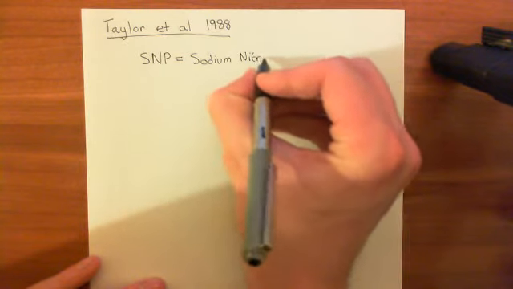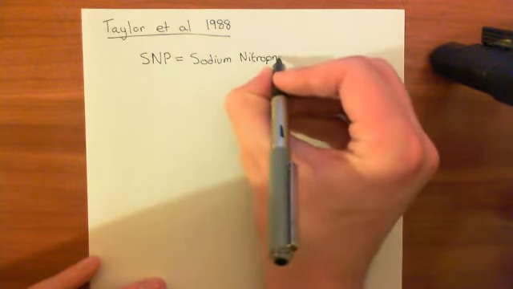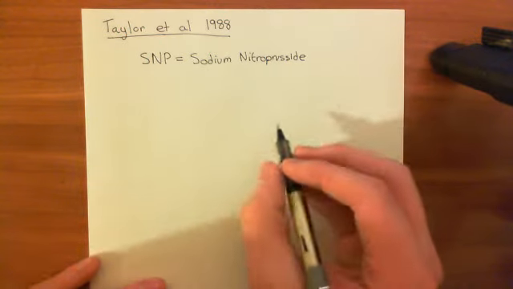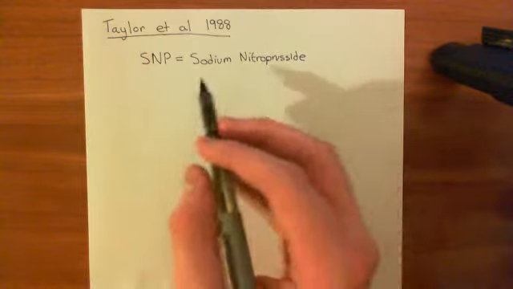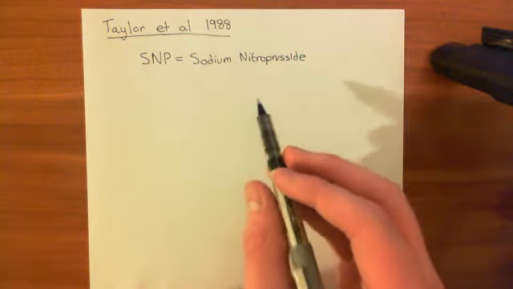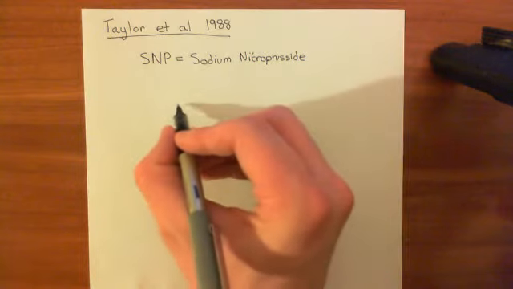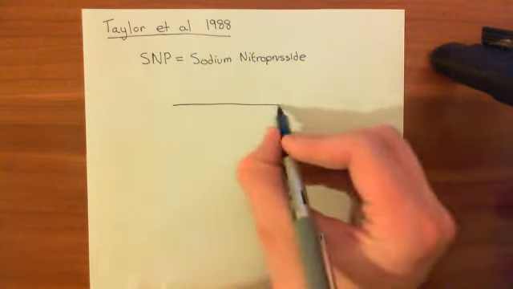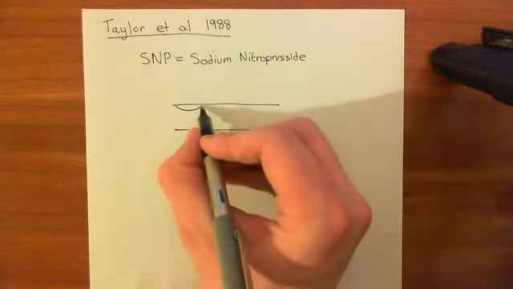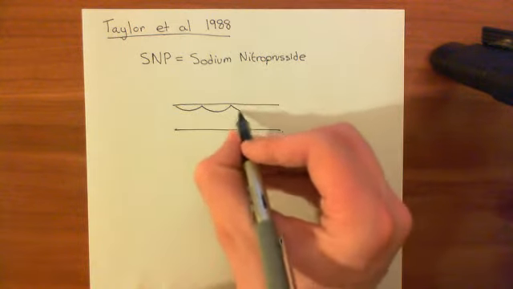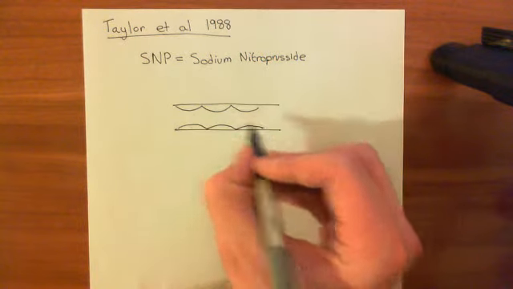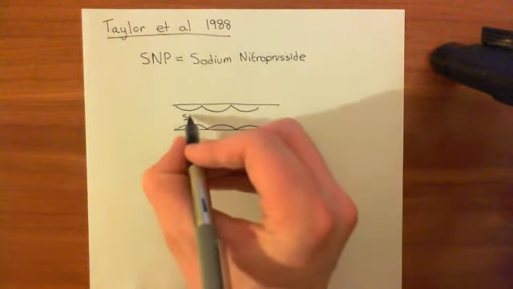So this is sodium nitroprusside. So basically, what does this drug do? Well, if you give this drug to someone, what it does is it goes into the bloodstream and then it starts producing nitric oxide. So this drug will be in the blood. So here's the blood vessel here. Here are the endothelial cells here. And then here is our drug, sodium nitroprusside.